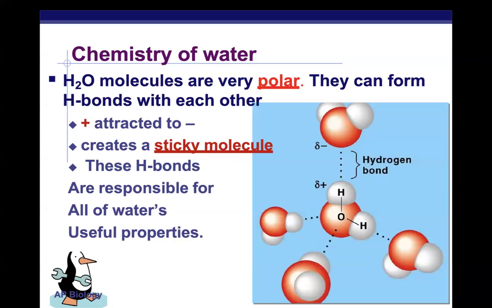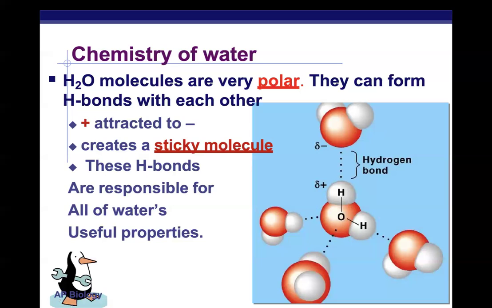Now, because of this hydrogen bonding, it creates sticky molecules, right? That means water sticks together because of these hydrogen bonds. And because water forms so many of them, one, two, three, four per water molecule, this fact is going to be responsible for all of water's useful properties we talk about today.